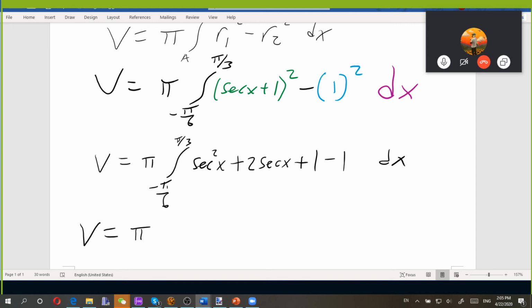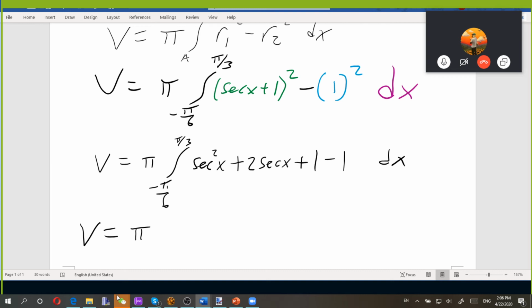If I derive cosecant, I get negative cosecant cotangent. Oh no. What if you try cotangent?